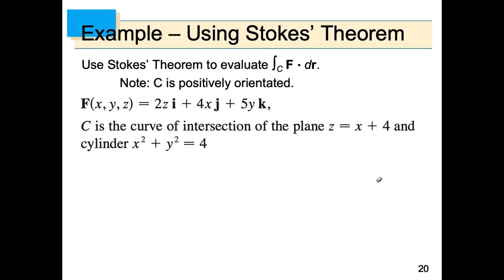Now the problem here again, we are going to be looking to evaluate the line integral, but since we're using Stokes' theorem, once again, we're actually going to be computing the surface integral. So we need the curl of f dotted with the unit normal.